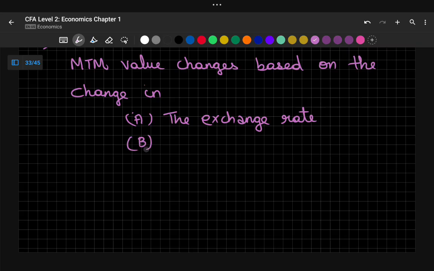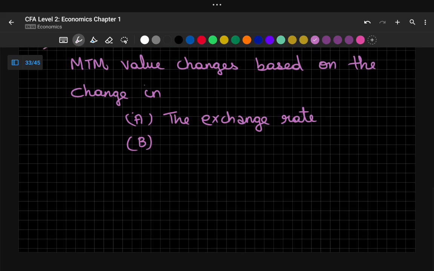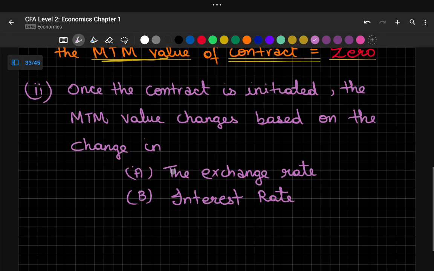That's how either of the parties would be profiting. And since we are dealing with currencies, the foreign exchange market, interest rate also plays a part. So as the market reference rate changes, the MTM value would change. So once the contract is initiated, the MTM value changes based on the change in the exchange rate and interest rate.